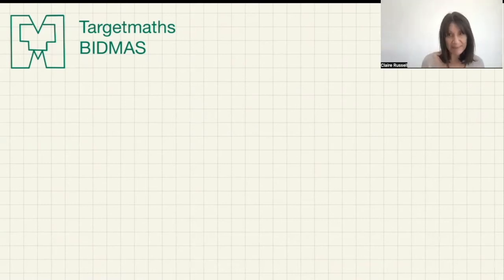So we're looking at BIDMAS. Now, BIDMAS is really, really important in maths. It tells us the order that we have to do things in. When we read a book, we literally just read across left to right. And it's really tempting to do our maths in the exact same way, but we absolutely cannot. We have to solve our problems in a particular order, and BIDMAS helps us remember that order.